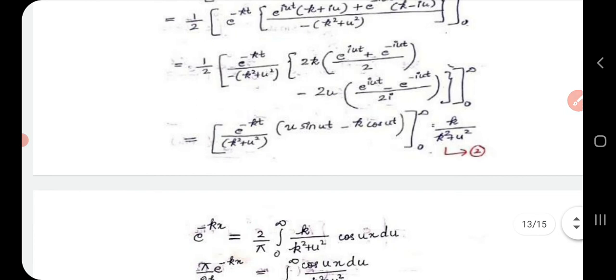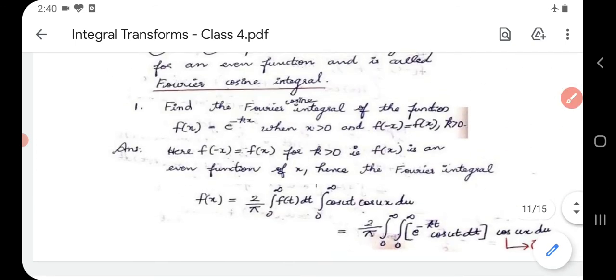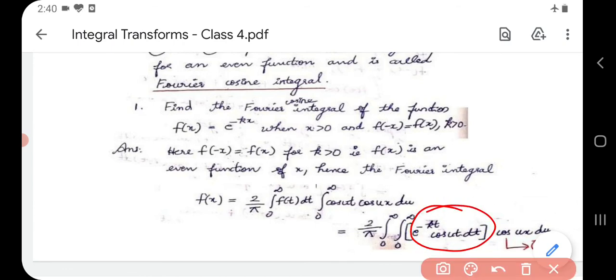Okay, so that is the value that you have obtained by evaluating the one that I have shown before, that is this one. Okay, k by k square plus u square. But you have something left, which are they? 2 by pi, 0 to infinity. Then substitute here the value that you have got, then write cos ux du as such.